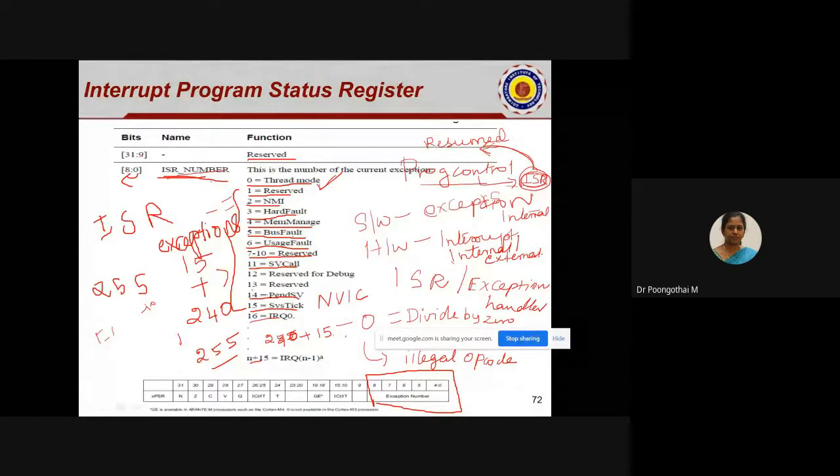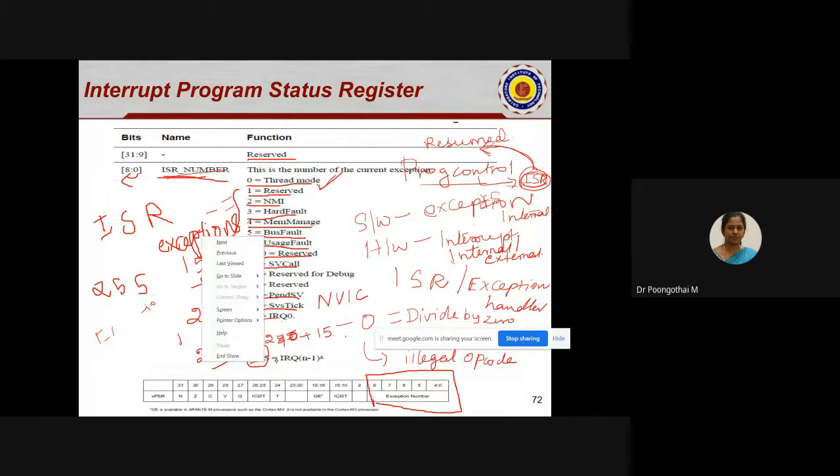So here, N plus 15. Just look at the last line, N plus 15. Your N is 240, plus 15 system exceptions, so 255 interrupt sources. Your interrupt sources are classified into software interrupts and hardware interrupts. Software interrupts are called exceptions.